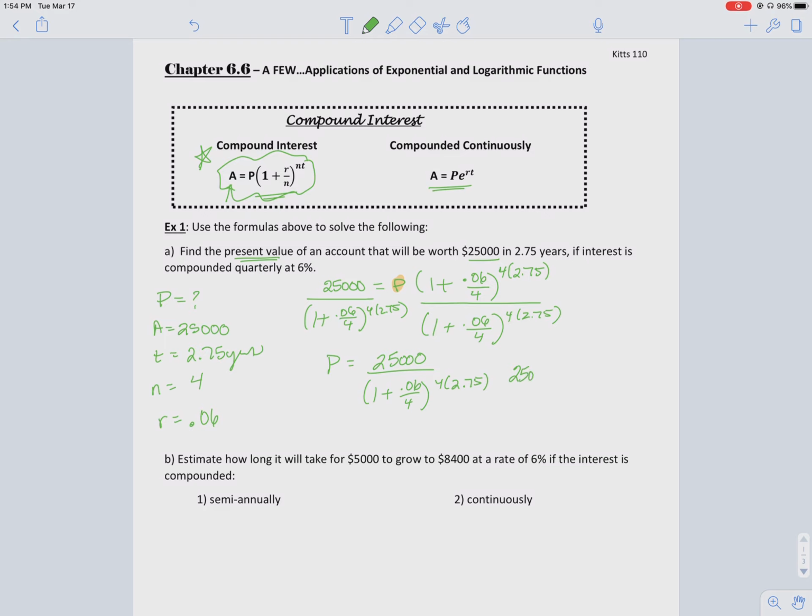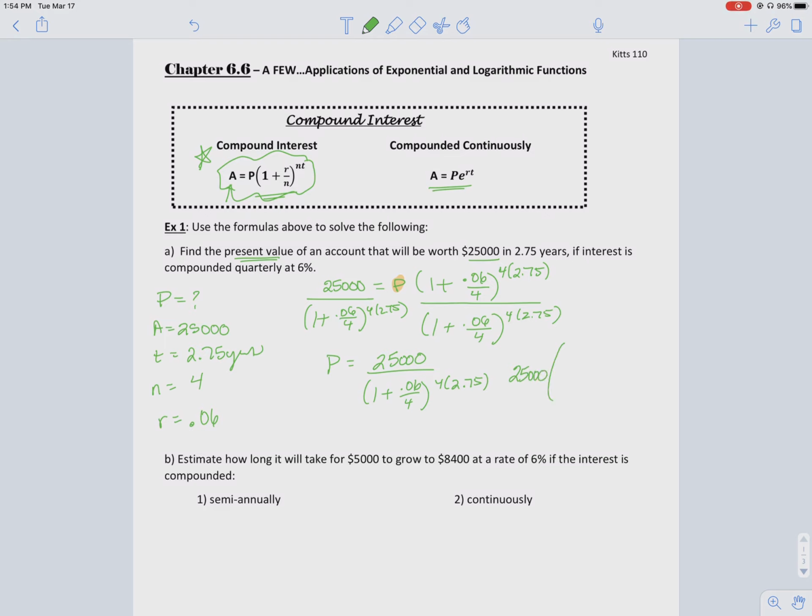You're going to have $25,000, big parentheses, and then, whoops, I should put division in there, sorry, with the division sign, and then big parentheses, and then you're going to have to do another parentheses because I've got to put that 1.06, I'll write it out long ways, 0.06 divided by 4, okay, and you've got to raise that to the 4 times 2.75, and then close your parentheses. So that's the difficult part, is putting that into your calculator. So you'll just need to practice that.